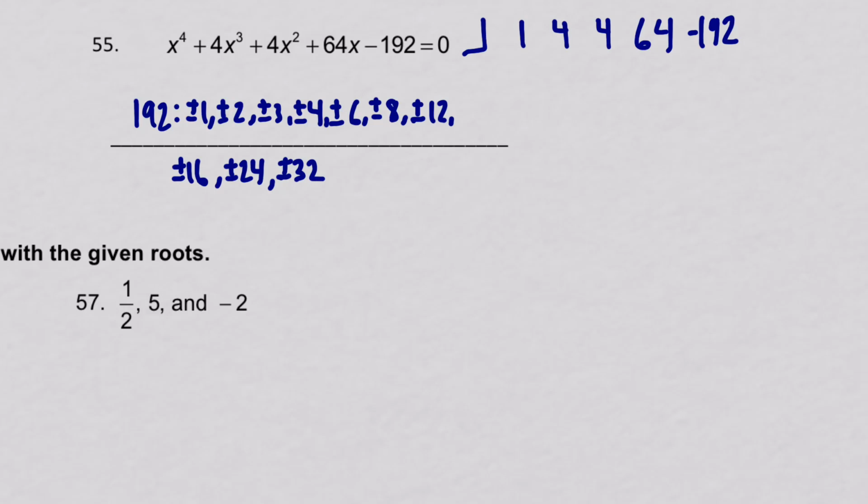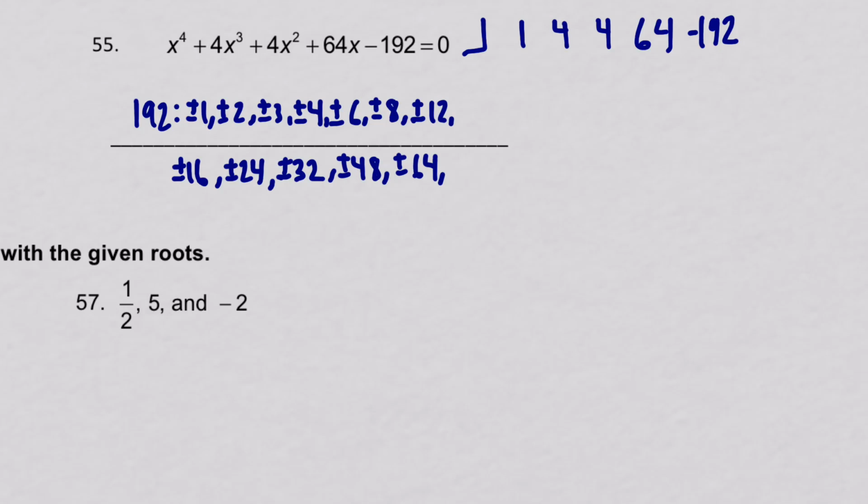Okay, there's no way we're going to get all the way to 32. Sometimes it will happen where you're going to try 1 and -1 and 2 and -2 and 3 and -3 and nothing works until you get way into those factors. But most of the time we're going to find factors that are pretty small. There's more. Plus or minus 48. I'm going to write them all even though I don't think we're going to get this far. Plus or minus 64.